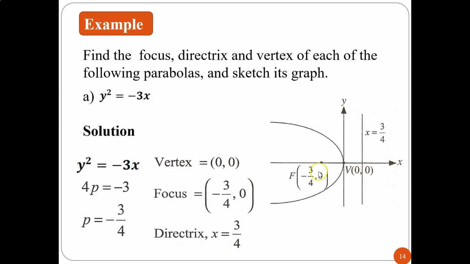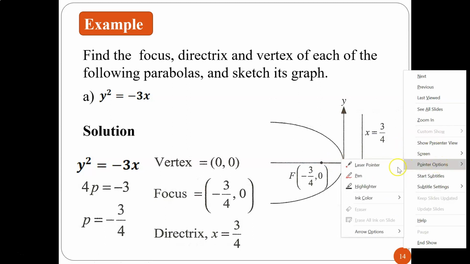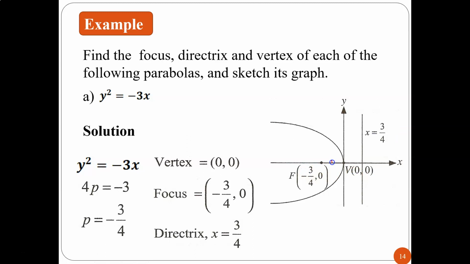Okay. So when you have a focus over here, of course you will have the same length for this one: here 3/4, and here also 3/4. This one is the same as here. So this one is negative 3 over 4, and this one will become positive 3 over 4, which is x equal to 3 over 4.